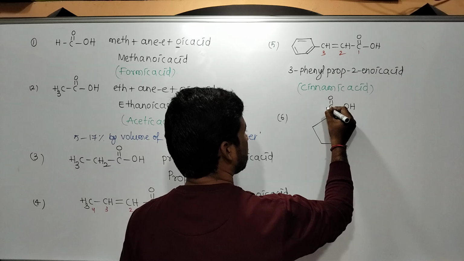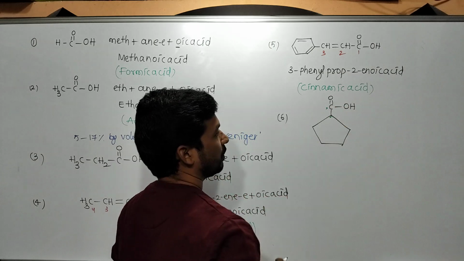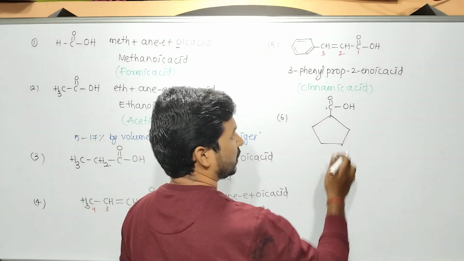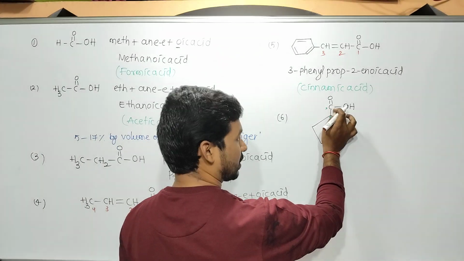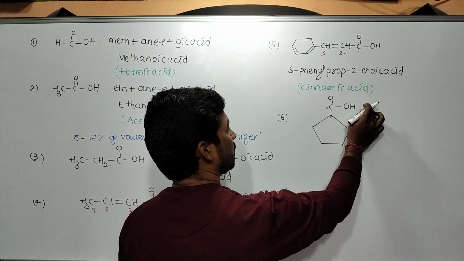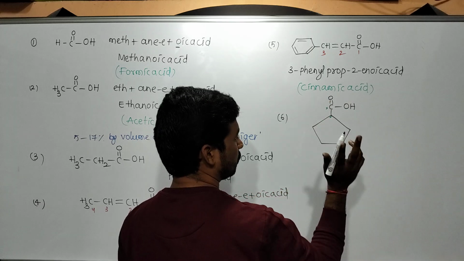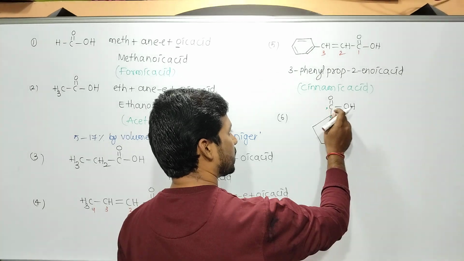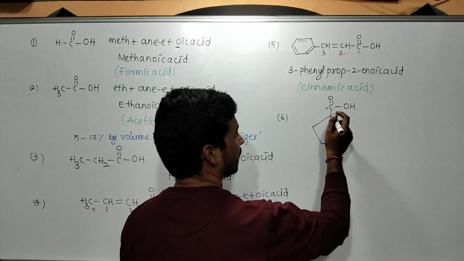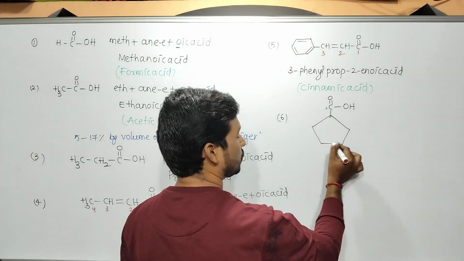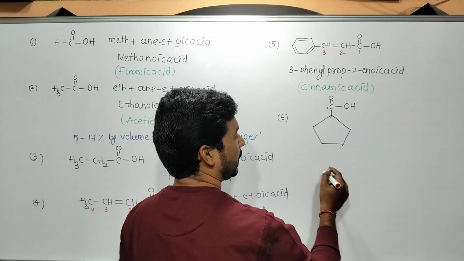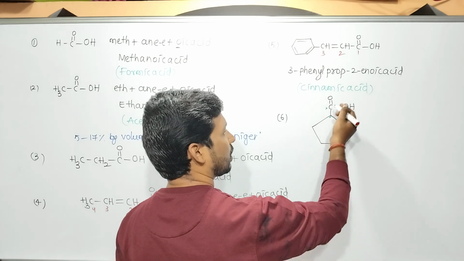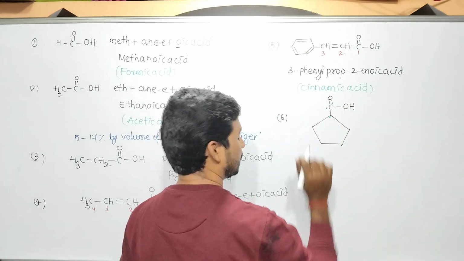Whenever the functional group is directly attached to the ring, in such cases you need to use carboxylic acid. The COOH group, secondary suffix carboxylic acid. Two possibilities: oic acid, carboxylic acid. Whenever the COOH group is directly attached to the ring, it is called carboxylic acid, and this is the root word: pent. Pent plus ane plus carboxylic acid, cyclopentane carboxylic acid, not oic acid.